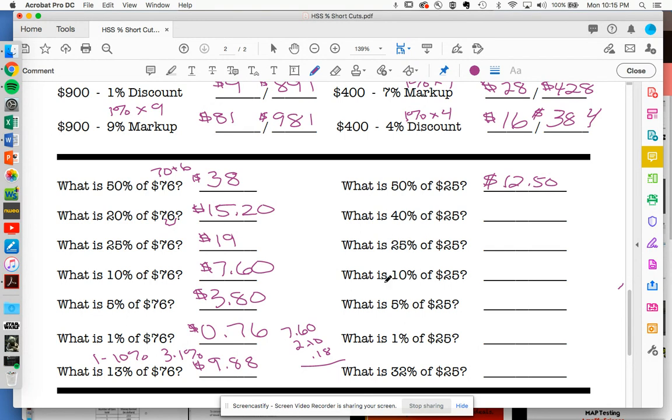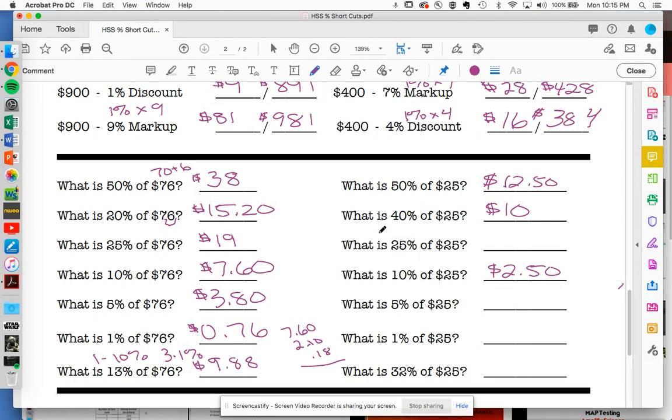Let's jump down to this one first and do 10% of 25. To find 10% of a number, I move it 1 to the left. So that would be simply $2.50. But if I want 4 of those, well, I need to find 4 of these. If I had 4 $2 and 4 50-cent pieces, how much money would I have? You would have $10.